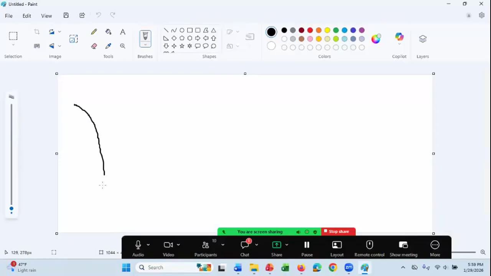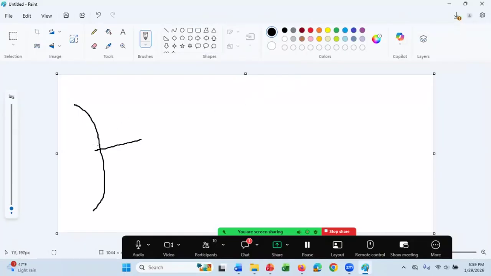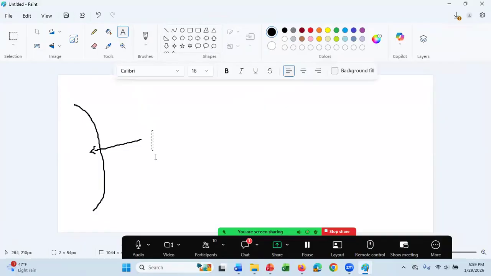So there's the cell. We're moving glucose into the cell. Let's say we have 20 glucose molecules outside the cell.